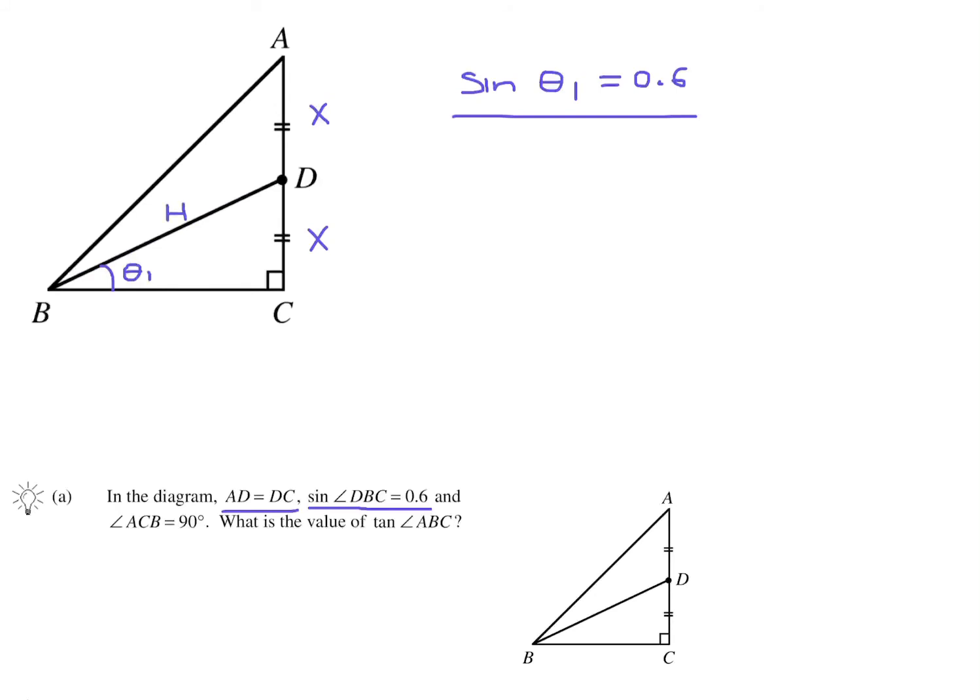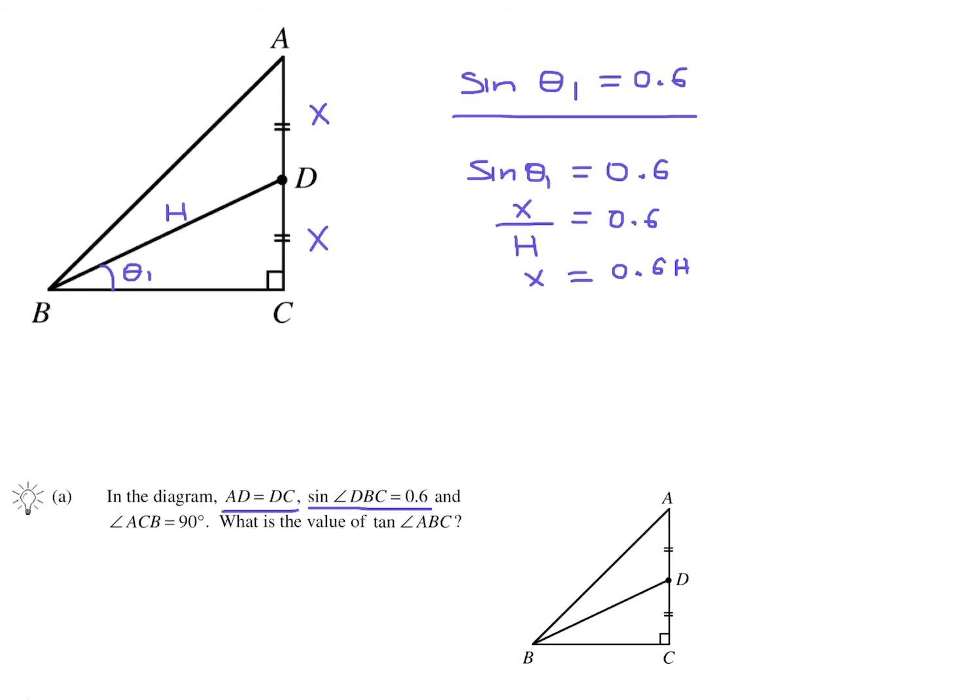So the sine of theta 1, which is 0.6, and how do you figure out sine? Opposite over hypotenuse. So in this case, it would be x over h is 0.6, and therefore, x is equal to 0.6h. Just simple from that.